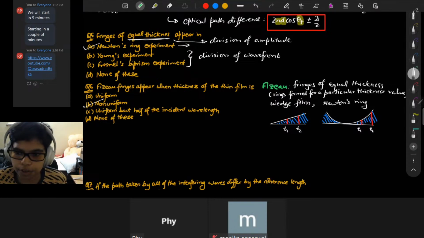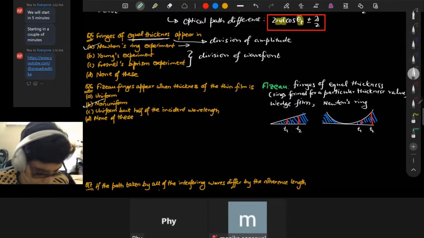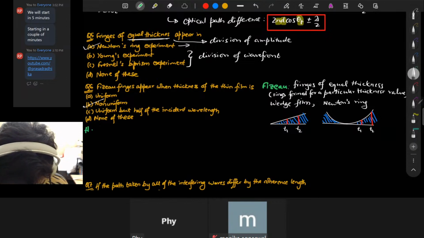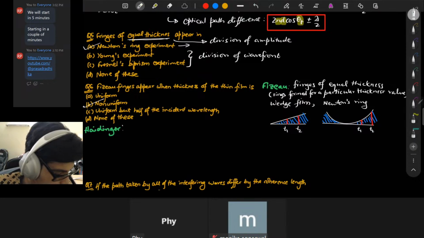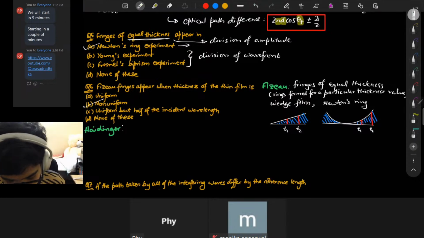The other type of fringes are known as Heidinger fringes. So in Heidinger fringes, what happens is these are fringes of equal inclination.